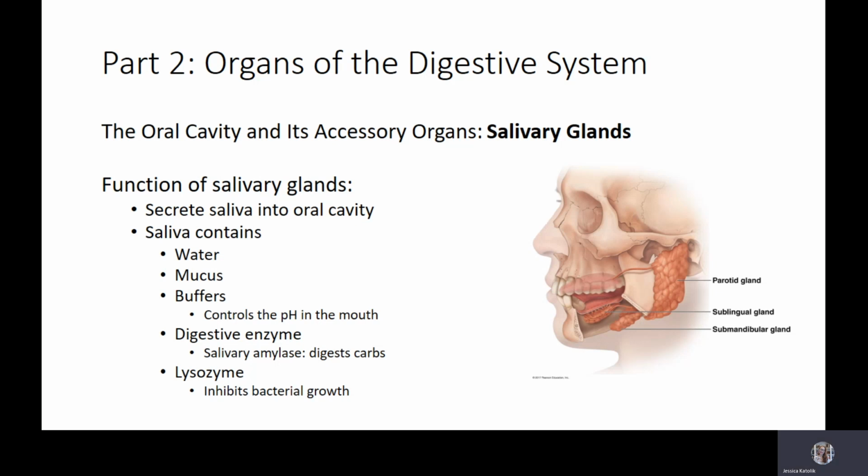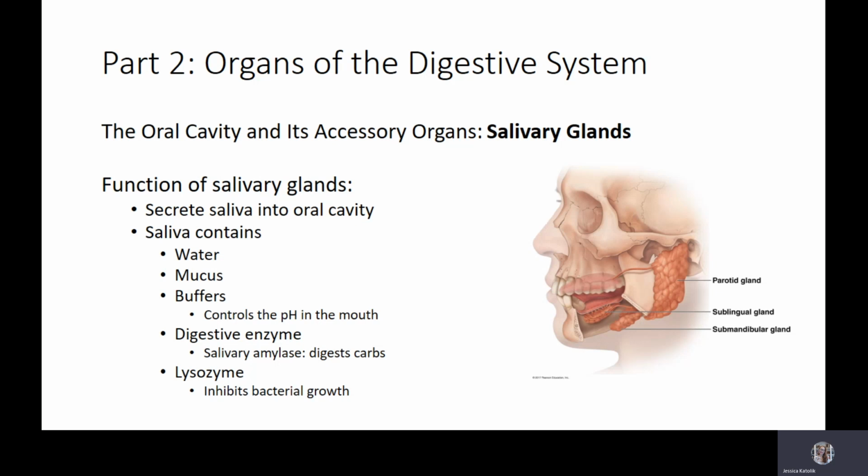Next, it's going to contain buffers. Buffers are chemical pairs that are going to play an important role in regulating pH. And we'll see that different regions of the digestive system are going to have tightly controlled values for pH so that the region can function the way that it needs to.